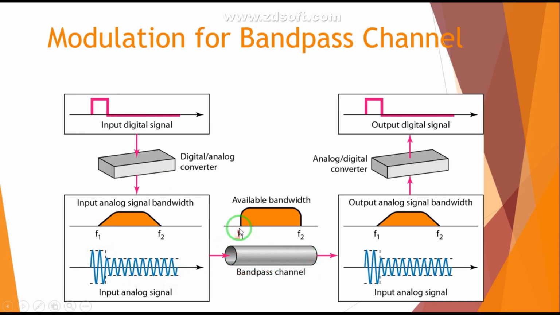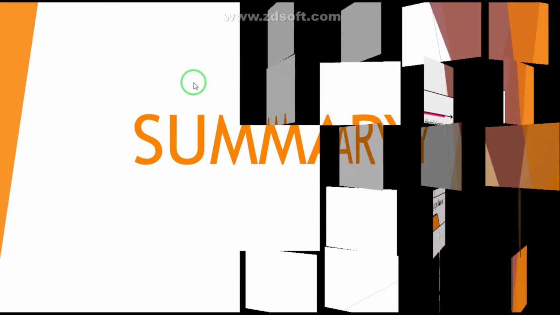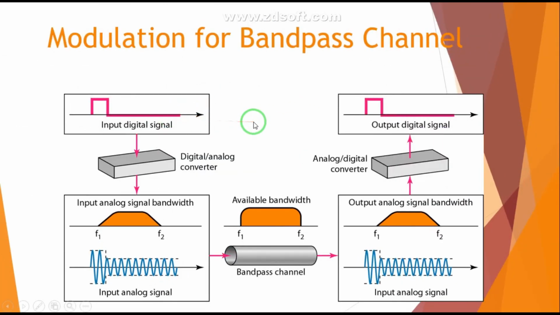Over here, f1 is not closer to 0, and f2 is not closer to infinity, as I told for the low pass channel. So that's why we need to convert digital to analog at the transmitter side, and at the receiver side, this analog signal is reconverted into your digital signal. So remember, digital transmission requires a low pass channel, and analog transmission requires a band pass channel. Most important thing.